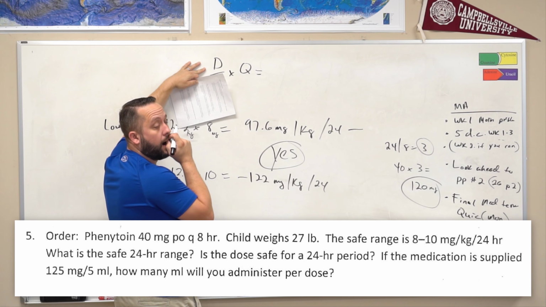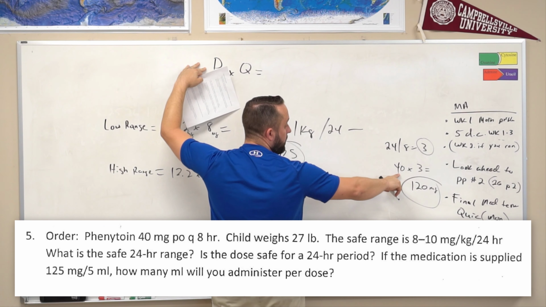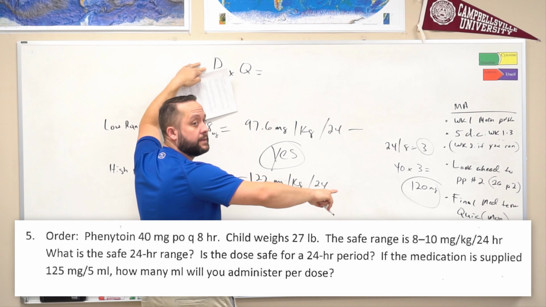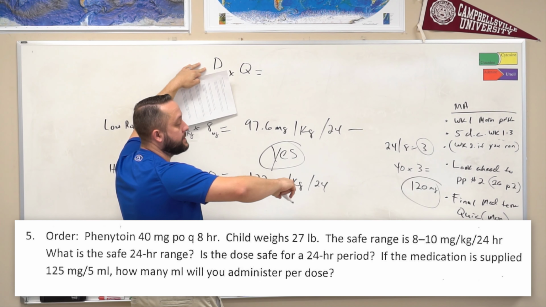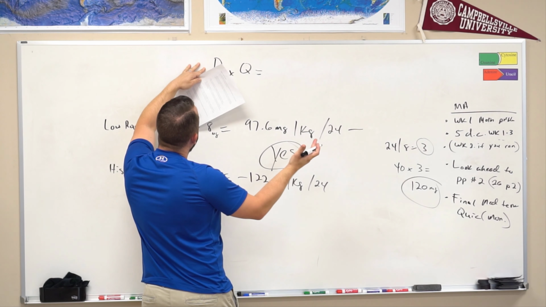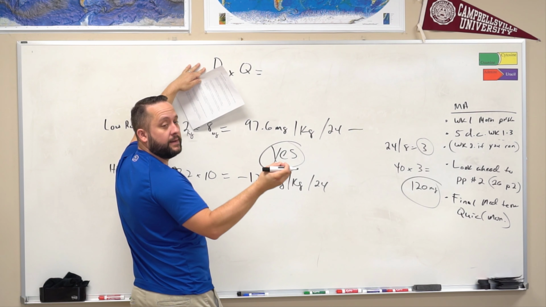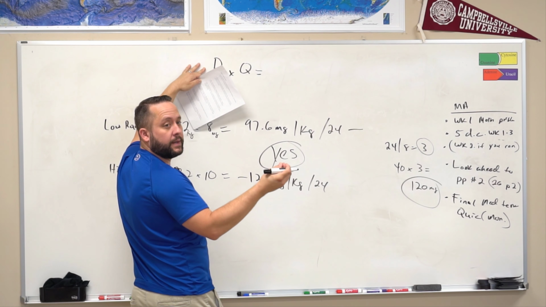Oh, we want 40 milligrams. Wait, read the order. It's 3 times a day, so 120 is the total. Okay, I'm sorry. How many do we administer per dose? That's what the question asked, so you're right. Read the very last part of the question there. Oh, how many milliliters will you administer per dose?